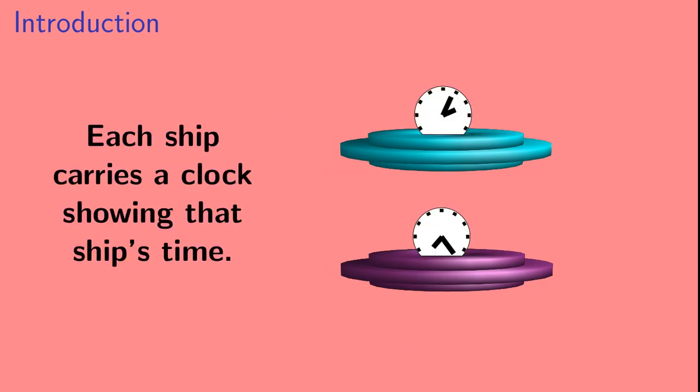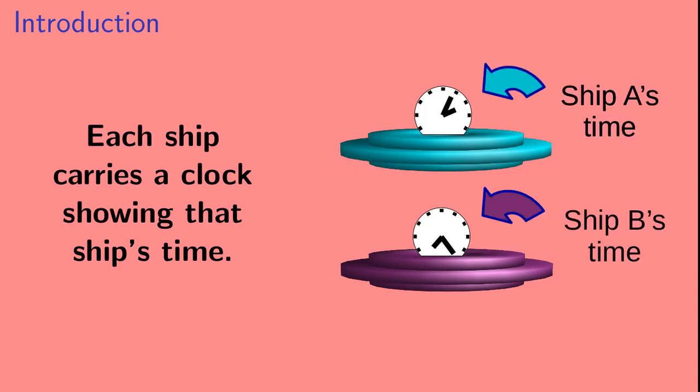Okay, so now let's say each ship carries a clock set to that ship's time. The clocks are positioned such that they can be read by the other ship. So ship A's clock shows ship A's time, and ship B shows ship B's time.